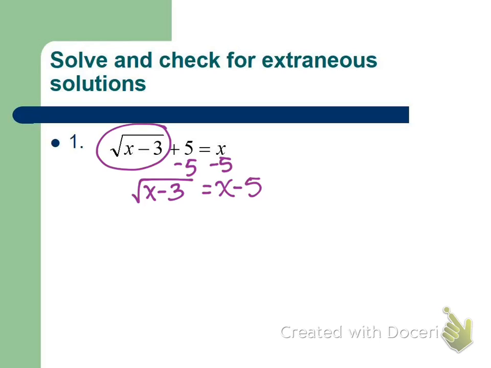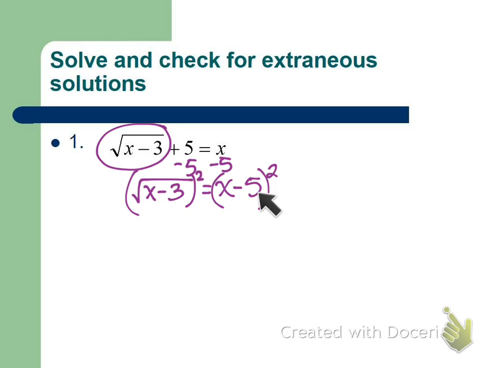Based on what we did yesterday, what do you think our next step should be? Square both sides, right? We're trying to undo a square root. So we square both sides. Now today, these parentheses that I'm using are going to be even more important. We are squaring both sides of the equation.